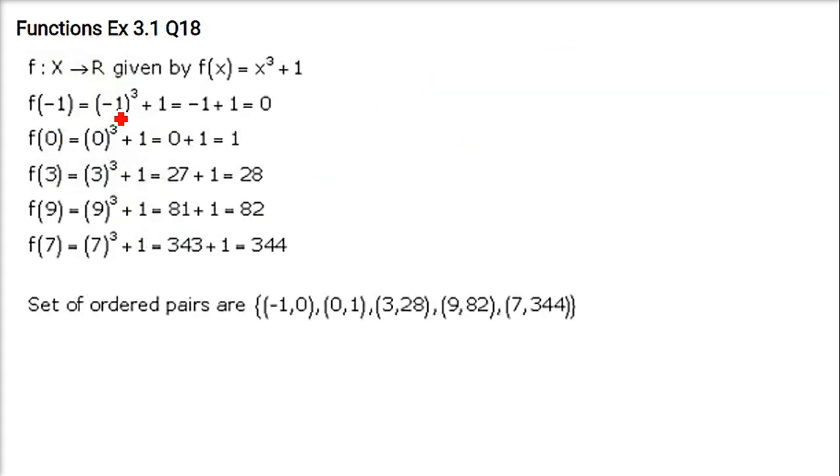Now the set X is given as -1, 0, 3, 9, 7, and f(x) is given by x cube plus 1. We have to find the ordered pairs. So we put -1, 0, 3, 9, 7. When we put -1, cube is -1 plus 1 is 0. We put 0, we get 1. We put 3, 3 cube is 27, 27 plus 1 is 28.